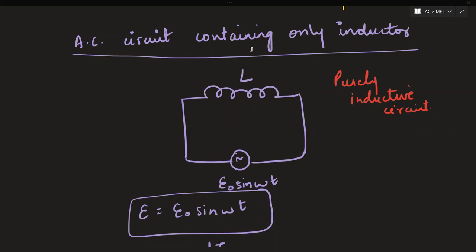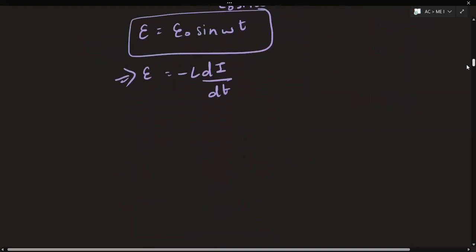Now see, E is equal to E naught sine omega t. We had seen induction already. Self-inductance is there, mutual inductance is there. So E is equal to minus L dI over dt, we had seen.